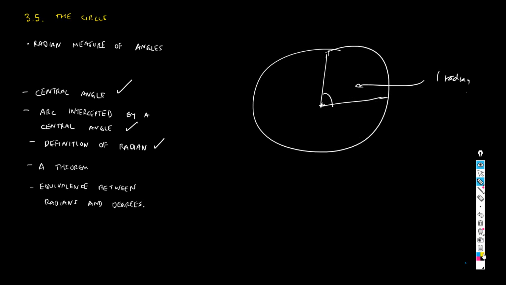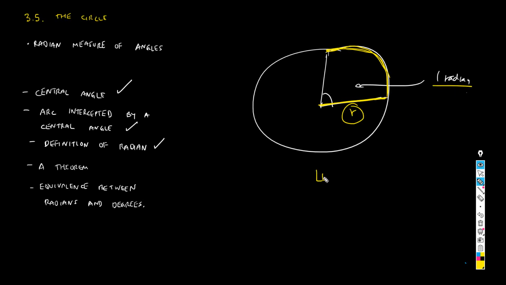Why not? Because you are actually using a property of the circle itself, in this case its radius, okay? If you draw a central angle such that its arc measures the same as the radius of the circle, then this is 1 radian. So you're using an intrinsic property of the circle, its radius, in order to define the radian.